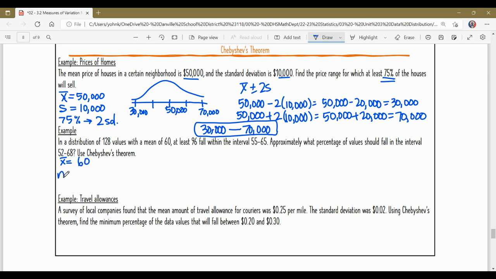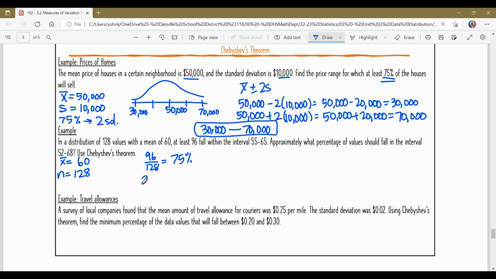And so we have 128 as our n. And it says that 96 of the 128 values fall within the interval of 55 to 65. Well, 96 out of 128 is 75% of the values.